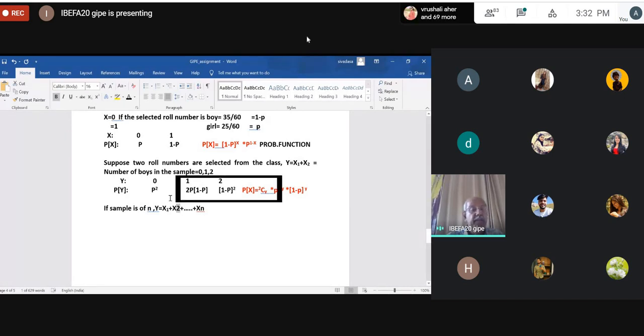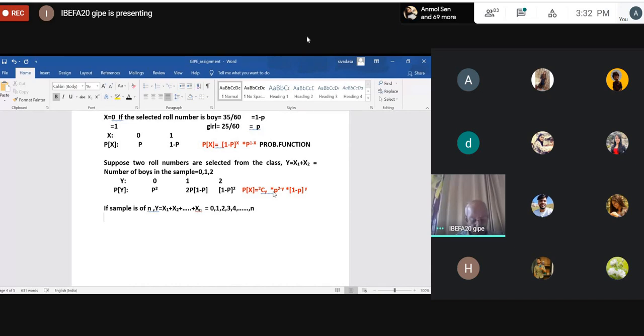I denote it by n variable values. So y takes the value 0, 1, 2, 3, 4, etc. up to n. Either no boys or maximum n boys.